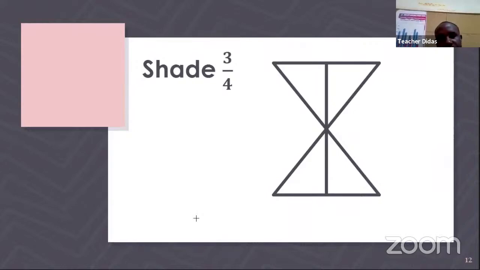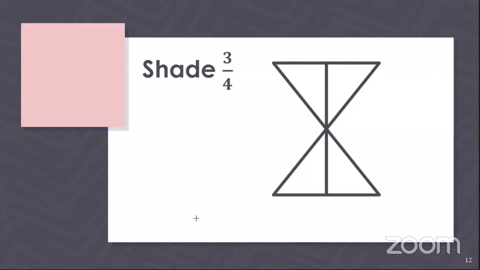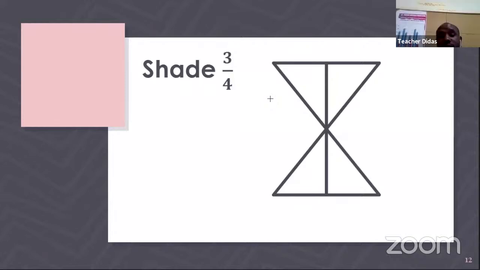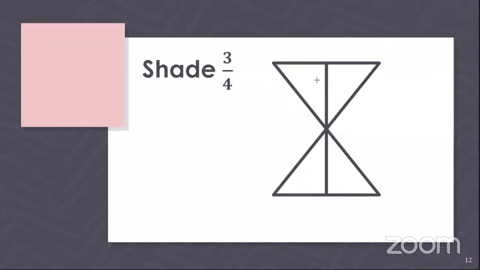Alvin, how are you? I'm fine. Okay, how many parts am I shading here? 3. Okay, I begin from where? Up, down, tell me. I begin with this one. Yes, teacher.